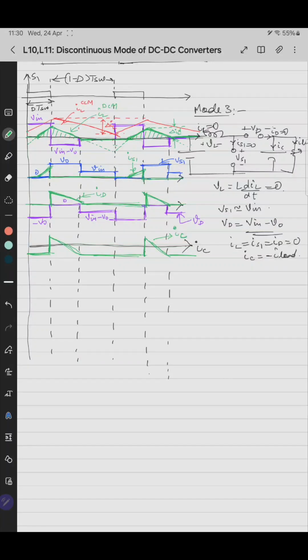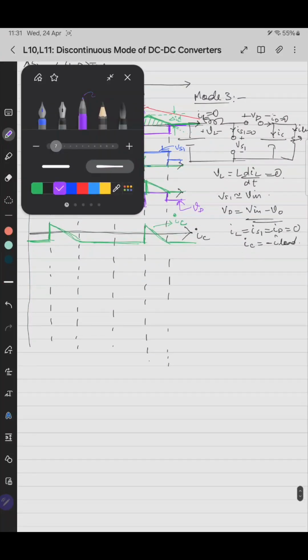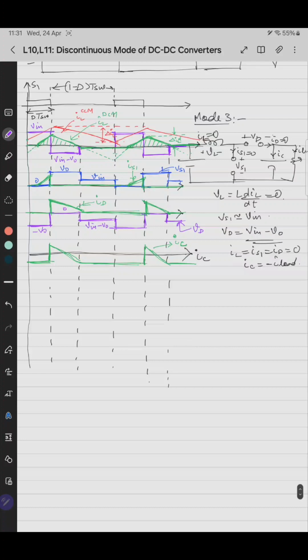And IC equals C dV by dt. So voltage is the integral of IC. So if we draw V0 or VC, first it is the integration of a negative term. So it will be a minus of a ramp function, so it will be a falling function like this. Then, because it is a ramp signal, the integration of a ramp is a polynomial function, a quadratic function, with a falling edge like this.